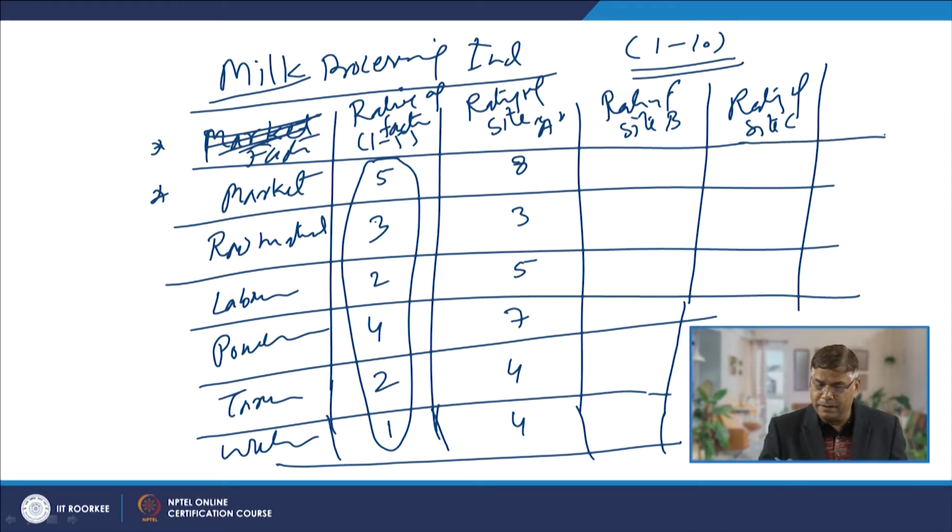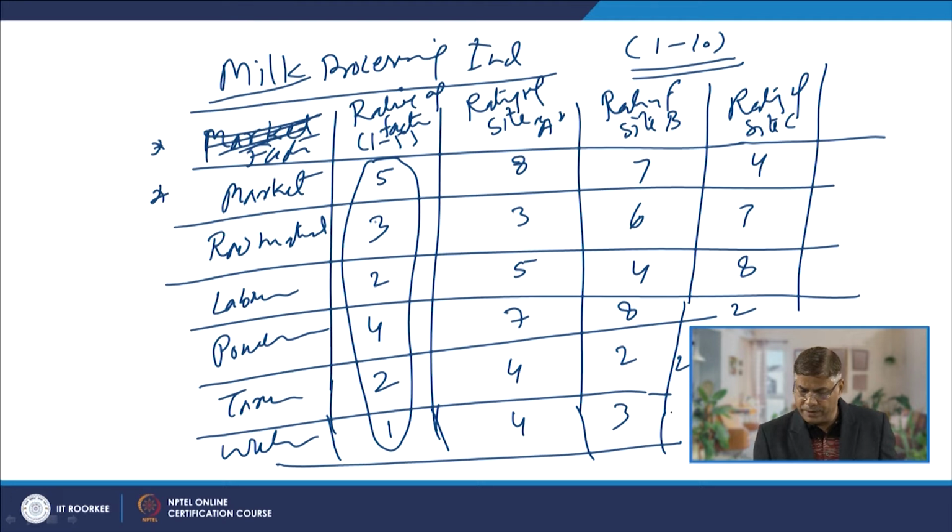Say site B is rated 7, 6, 4, 8, 2, 3, and likewise site C is rated 4, 6, 7, 8, 2, and likewise 2 and 3.